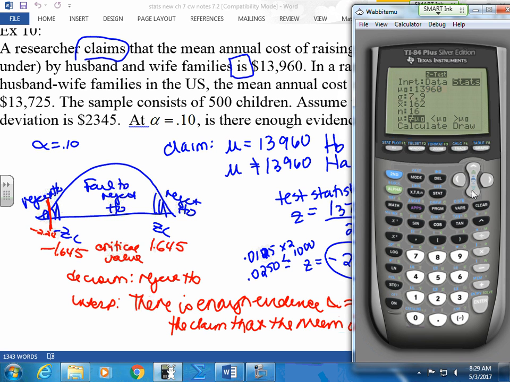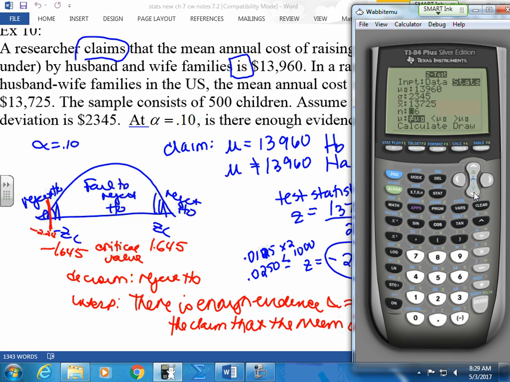I put in my population standard deviation, which they had to give us, which is 2345. My test information, my mean was 13,725.